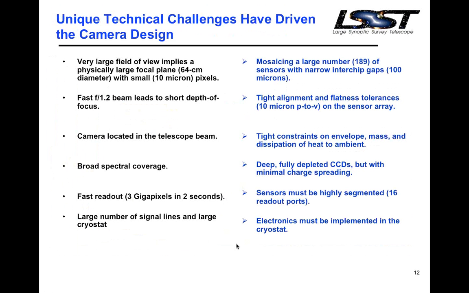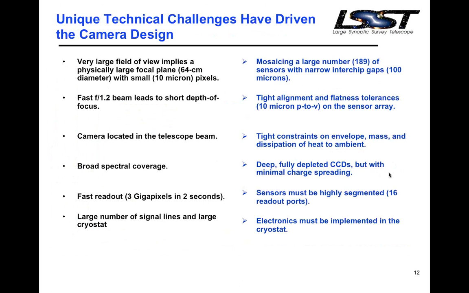The camera, as you saw, is located in the telescope beam, so there are tight constraints on its envelope, mass, and dissipation of heat to ambient to avoid screwing up the images by having convective eddies in the vicinity of the optical beam. We're aiming for very broad spectral coverage, as I mentioned, 300 nanometers out to a micron or so. That requires deep, fully depleted CCDs, but with minimal charge spreading.